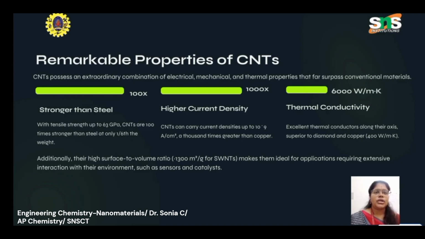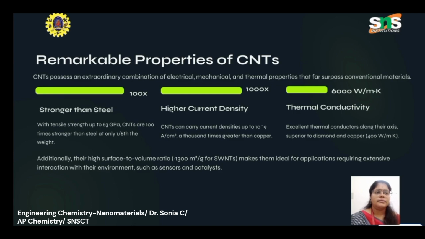It is stronger than steel, about 100 times stronger than steel at only one-sixth the weight. It has a very impressive high current density, 1,000 times greater than copper.